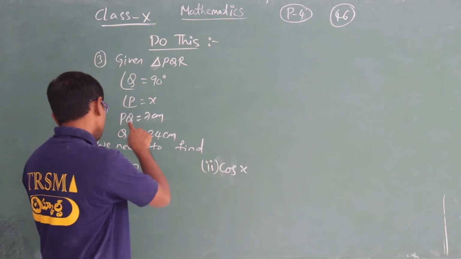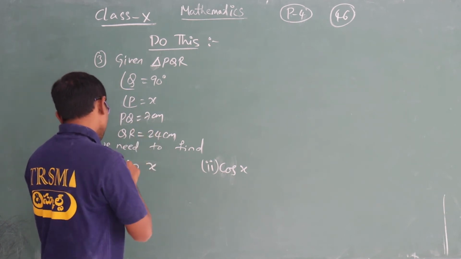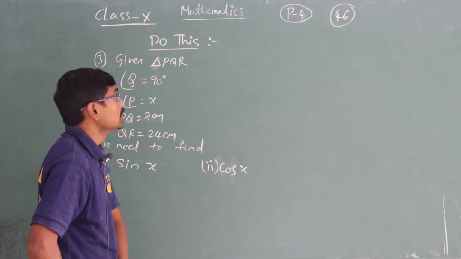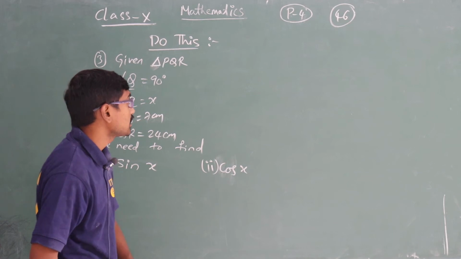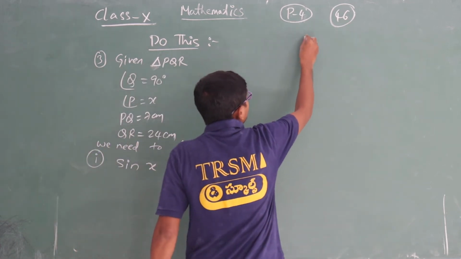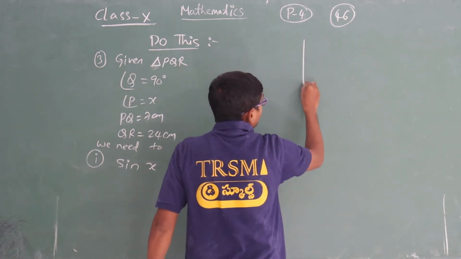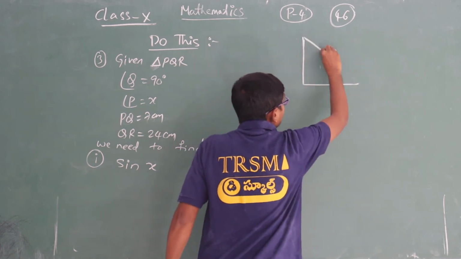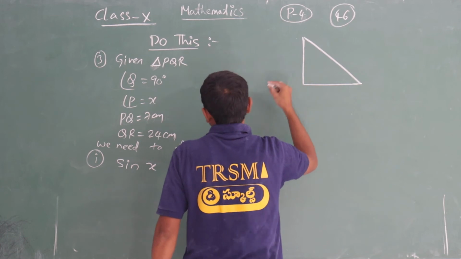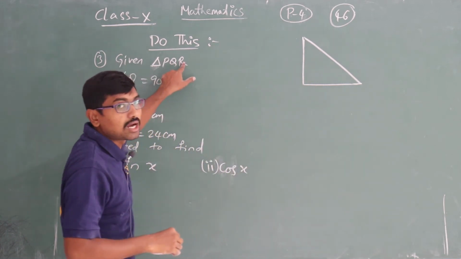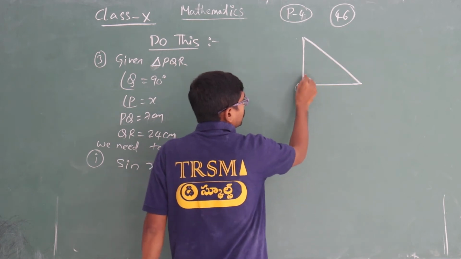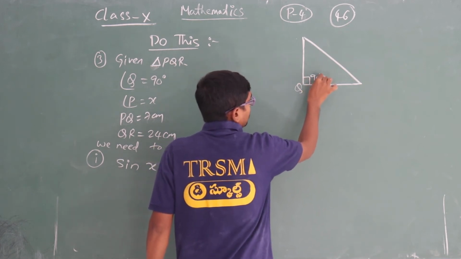So PQ is 7 centimeters, QR is 24 centimeters. Okay, so the triangle is PQR, and the right angle is at Q. So let us draw the triangle here. We are taking a right angle triangle PQR, with the right angle at Q, exactly 90 degrees.